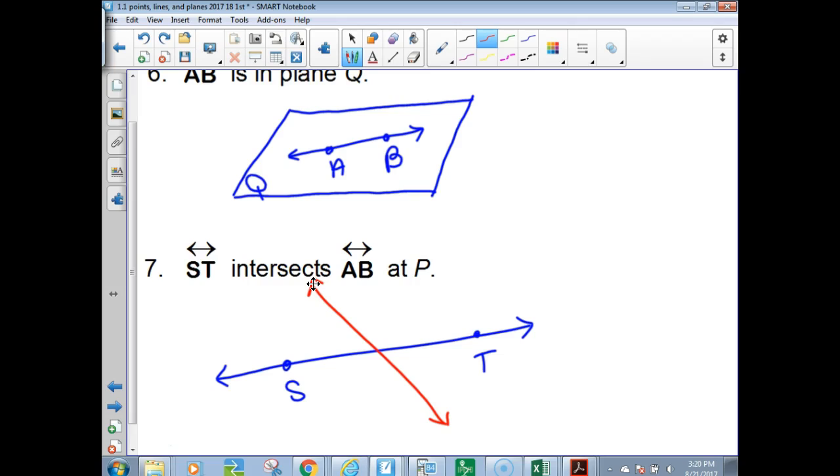Every period that I've done this, I've done a different picture. It doesn't have to be exactly like what I put on here. It's line AB. It doesn't matter where the A and the B are as long as they're on the line. But make sure we didn't put the B right here, because it says they intersect at P. So P needs to be right there where the lines meet.